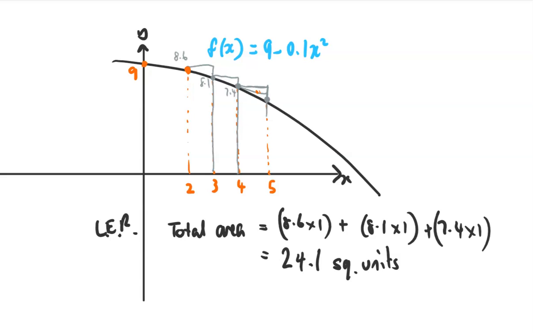And if I want to make that a bit more accurate, what could I have done? More rectangles. Yeah, so we make more rectangles. So what I could do is instead of going all the way across in ones, I could go over in halves. I'll do that in a completely different colour just to highlight what I'm talking about.